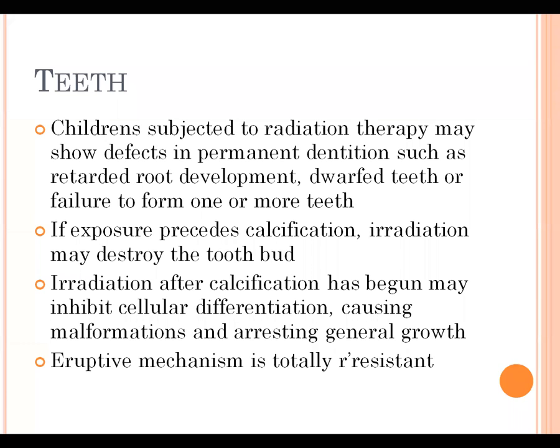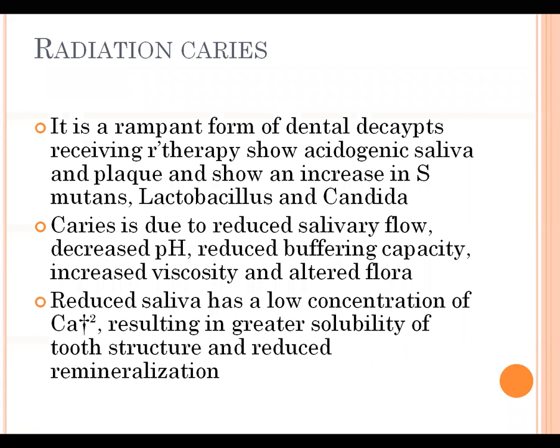Irradiation after calcification has begun mainly affects cellular differentiation, causing malformation and arresting general growth. The eruption mechanism is totally resistant. So if radiation happens in small children before calcification, eruption will be affected.